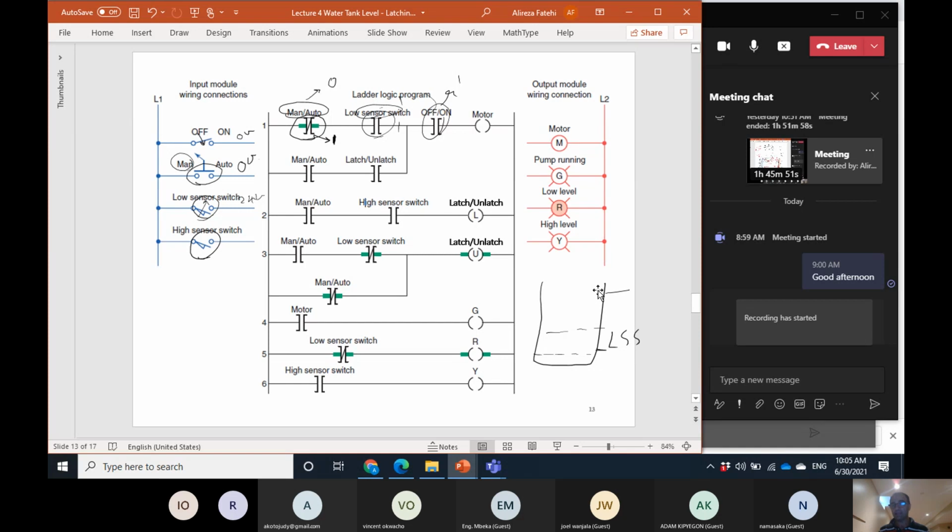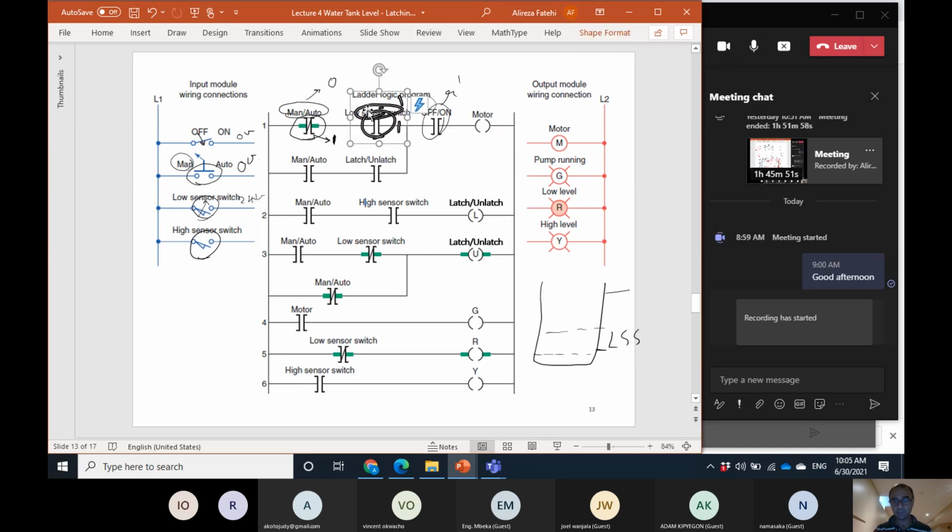This is the main mode of operation. In that case, the pump turns on at high sensor and turns off at low sensor.